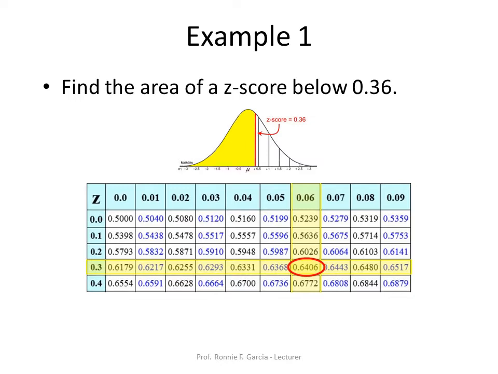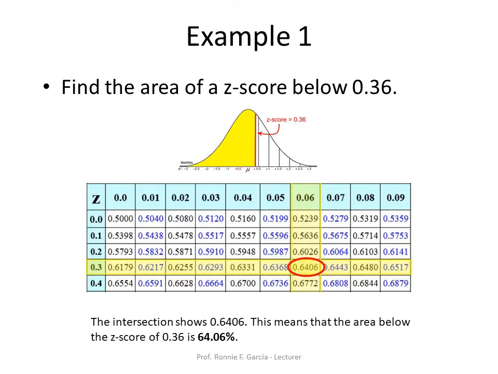So it means that this yellow colored region is 0.6406 of the overall normal curve. That is the area covered. We can also transform that into percent, 64.06. So this means that the area below 0.36 is 64.06%. That is how to use the table and how to interpret the z-score.